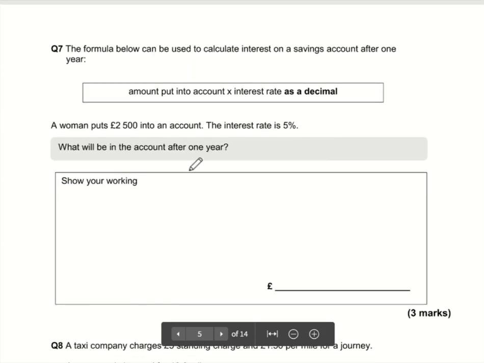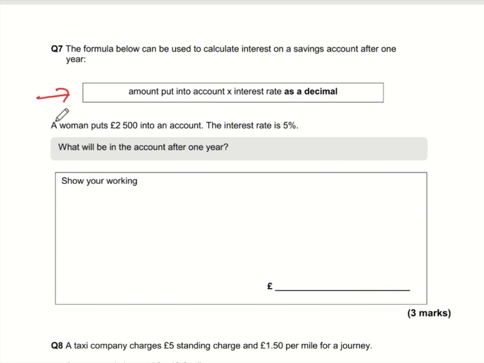Question number 7. So we've been given this formula here. So the amount put into the account is £2,500 and the interest rate is a decimal. So to change a percentage to a decimal we divide by 100, and 5 divided by 100 is 0.05.